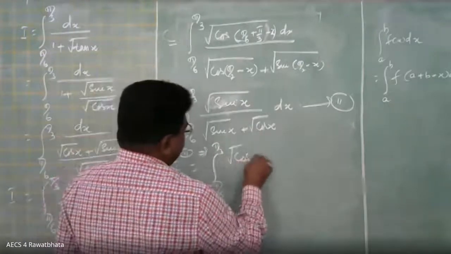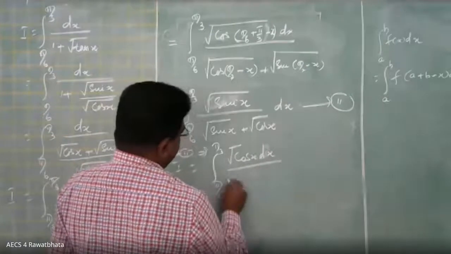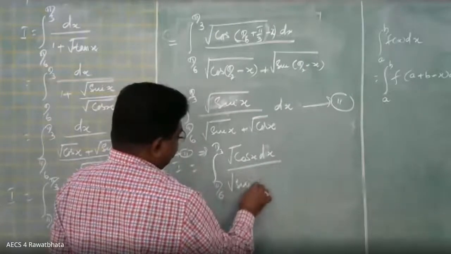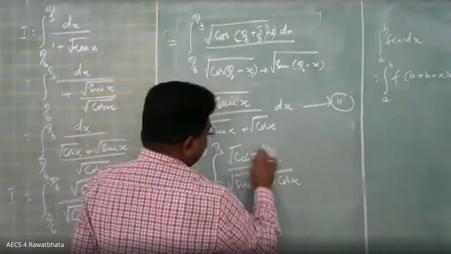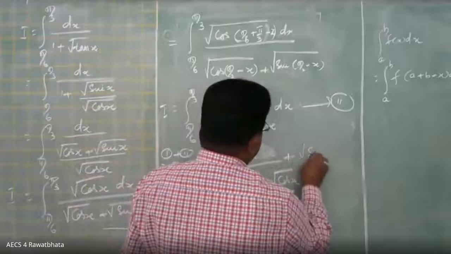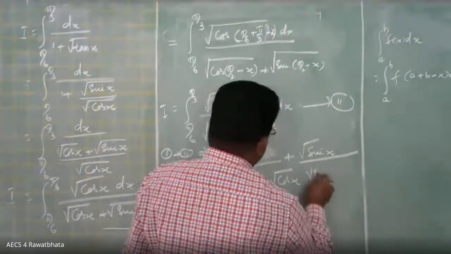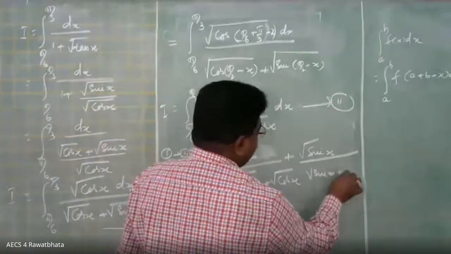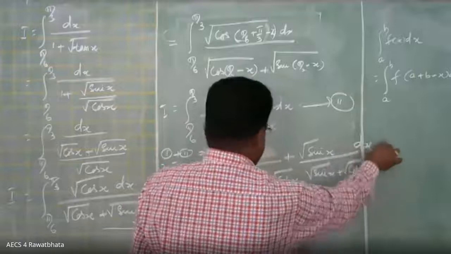So here dx upon root of sin x plus root of cos x, plus this one root of sin x, the whole upon root of sin x plus root of cos x dx.